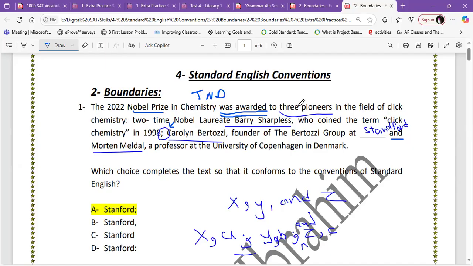What are the three pioneers? Two-time Nobel laureate Barry Sharpless, who coined the term click chemistry in 1998. Then semicolon. Carolyn Bertozzi, comma, founder of the Bertozzi Group at Stanford. Then "and". Wait. There is a semicolon.